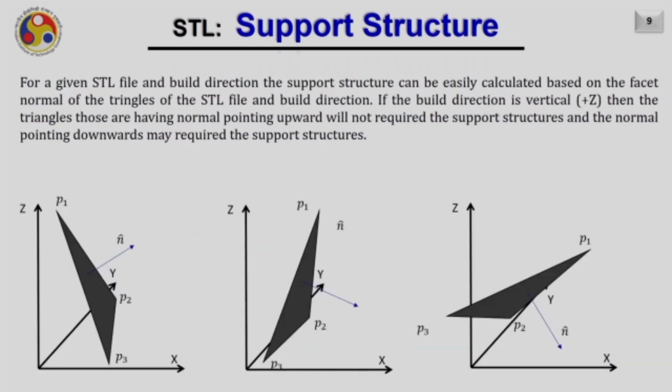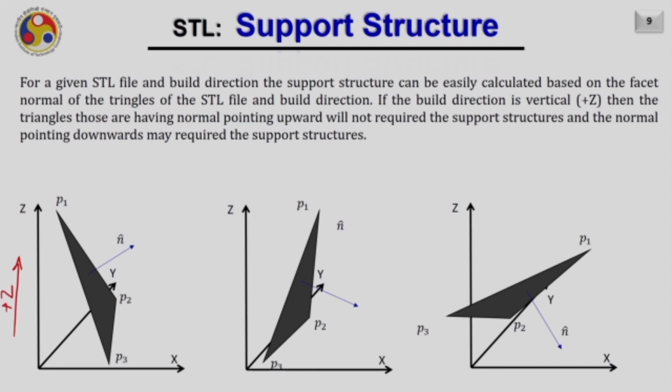Now, for a given STL file and build direction, the support structure can be easily calculated based on the facet normal of the triangle of the STL file. If you see this particular triangle here, this is the build direction. Assume that plus z is the build direction. You are building the object in the plus z direction.